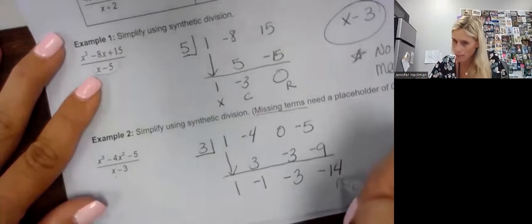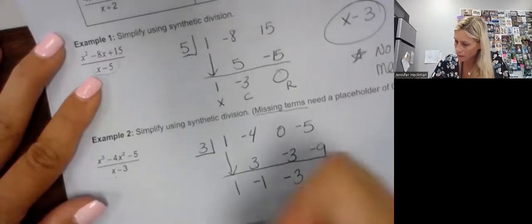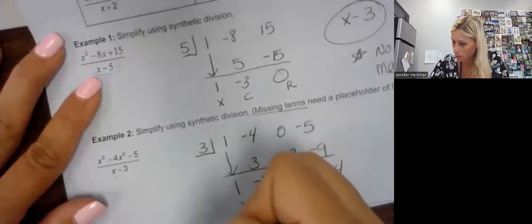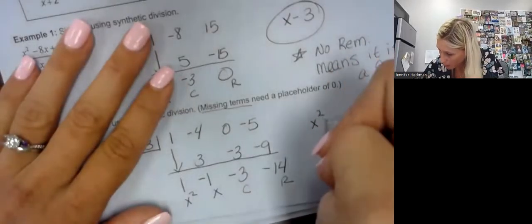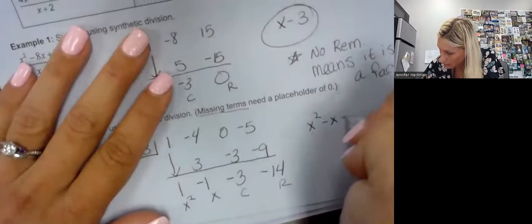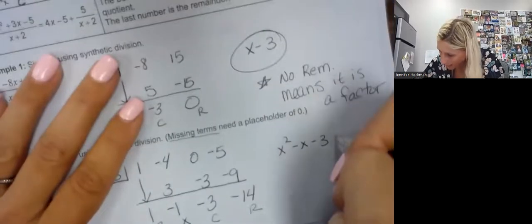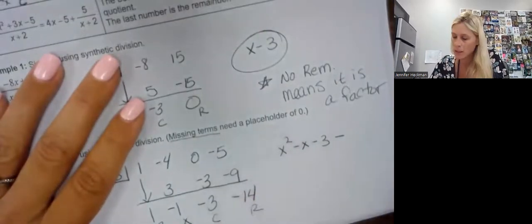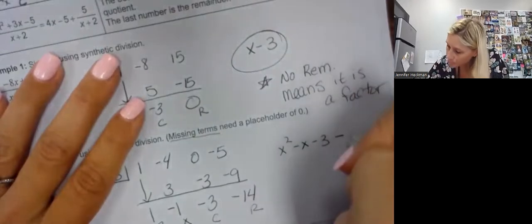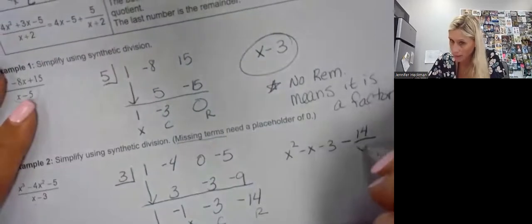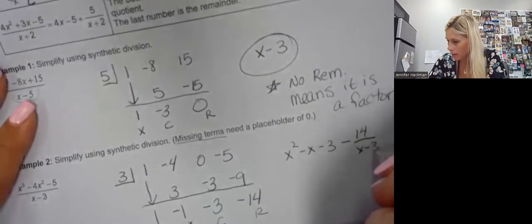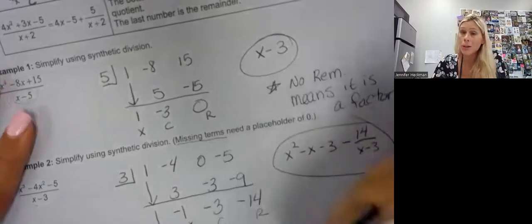Remember, this is remainder, constant. This is x, which means this one's x squared. So our answer is x squared minus x minus 3 minus 14 all over, what did we divide by? X minus 3. I don't know about you, but synthetic is a little bit easier.